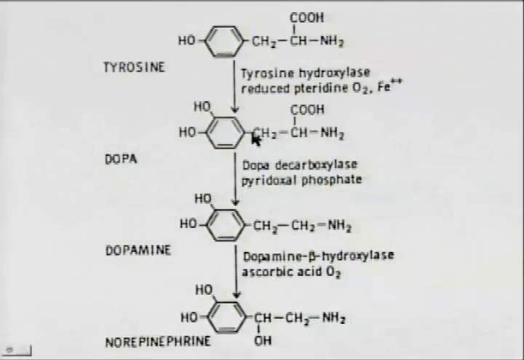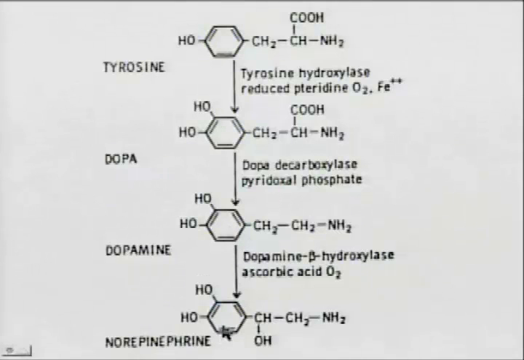Remember, this is alpha carbon, this is beta carbon. Very important when we get to dopamine and convert to norepinephrine. So dopamine has the 2 hydroxyl groups on the 4 and 5 carbon position, and there is another hydrogen on the alpha carbon. The carboxyl group is gone. Pyridoxal phosphate is a cofactor for the AAADC.